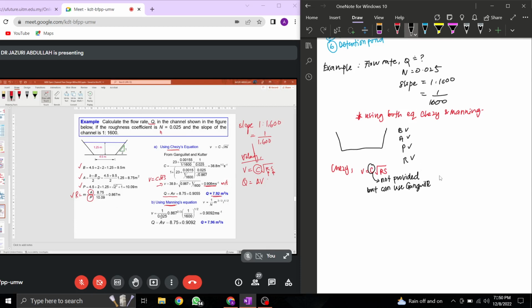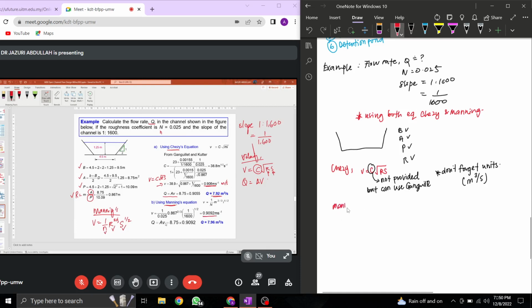Alright, so for the Manning punya equation, okay, so you punya equation velocity equal to 1 over N, R 2/3, S 1/2. Okay, so you have the value of R, you have the value of S, you have the value of N, and you calculate, you akan dapat 0.91 meter per second.